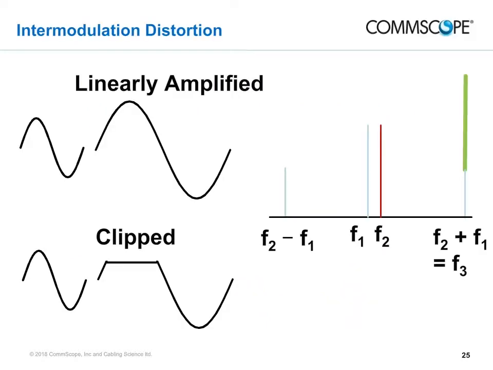Intermodulation distortion is another form of noise that is the result of a signal being processed by a non-linear system. A non-linear system is one in which signal levels are not processed equally over the entire amplitude range of the signal. For example, an ideal linear amplifier would faithfully reproduce a larger magnitude version of an input signal.